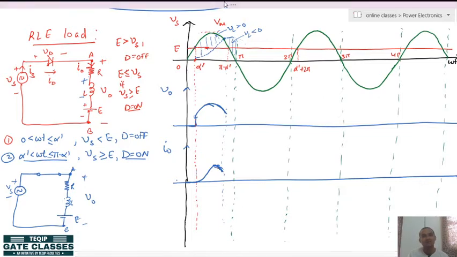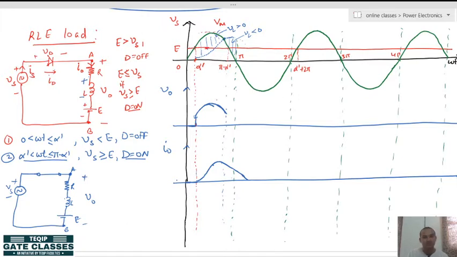Hence the inductor will discharge from this point like this. Let us assume that the inductor is sufficiently large and it is discharging after pi. Because the inductor is carrying some current, pi minus alpha dash is no longer applicable to this diode.